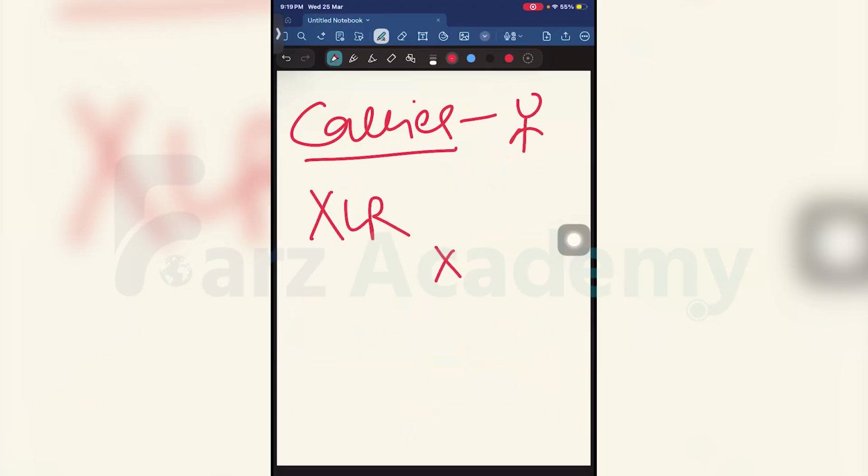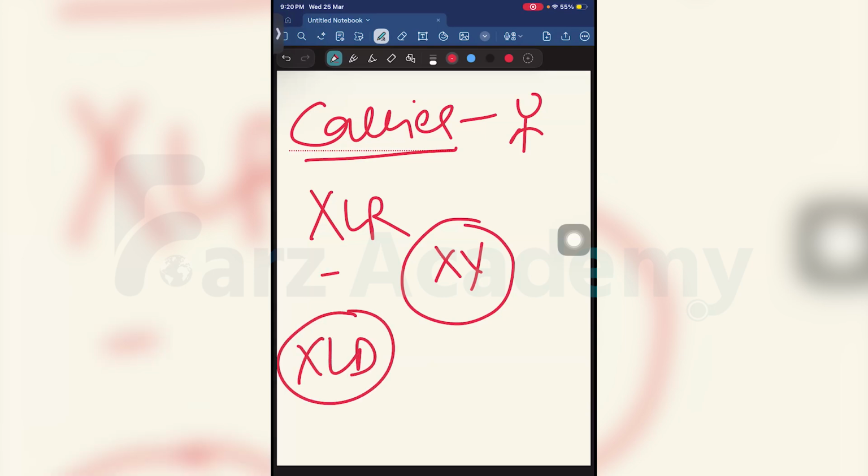So please understand, when I tell you about carrier in recessive, the chance is more for females. Even for X-linked recessive, when it is XY, I told you males can't be carriers. And when I told you X-linked dominant, the concept also holds true.